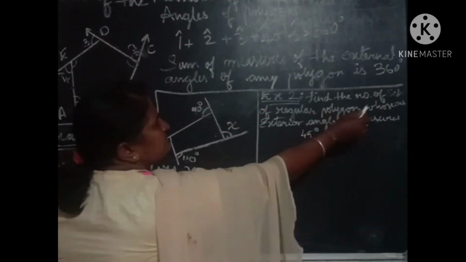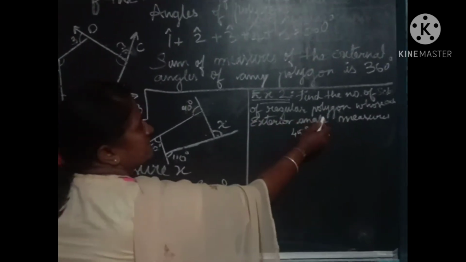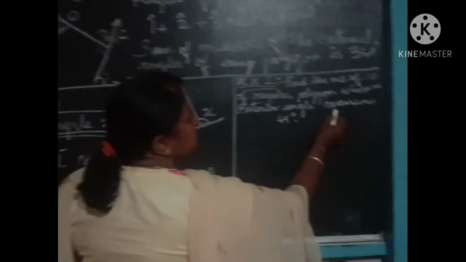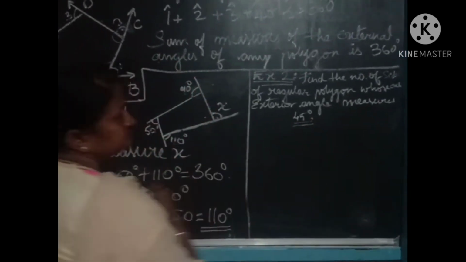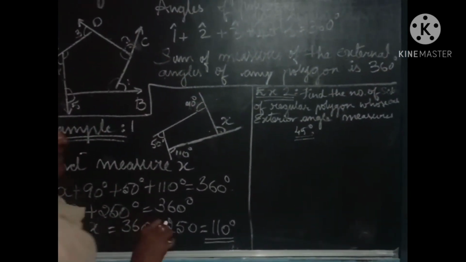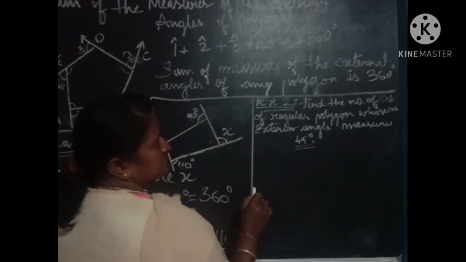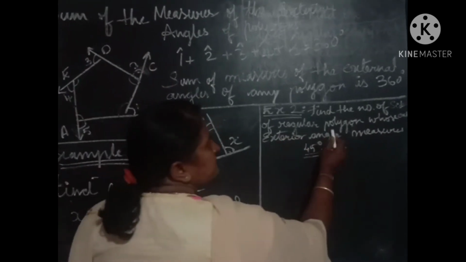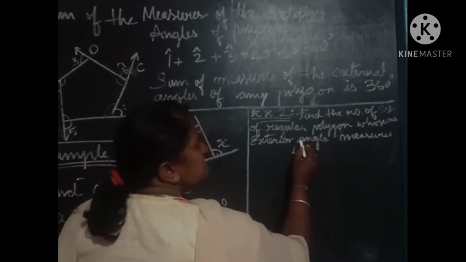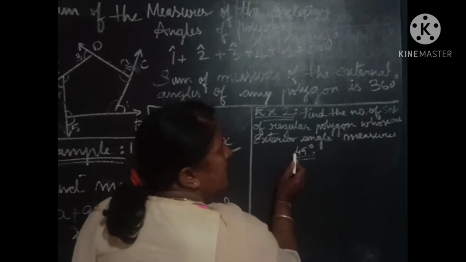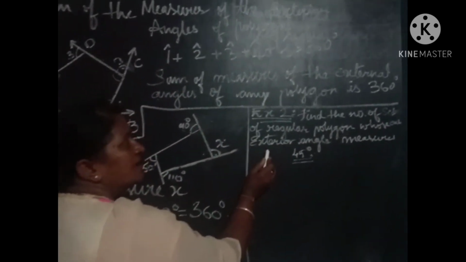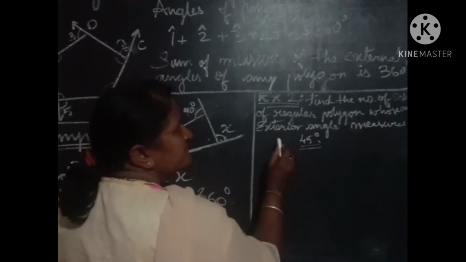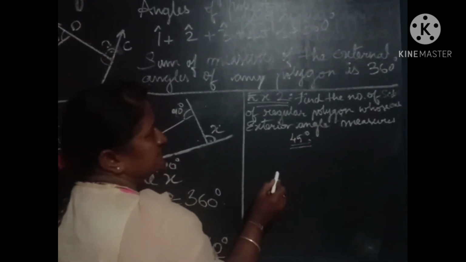Find the number of sides of a regular polygon whose exterior angle measures 45 degrees. Each exterior angle measures 45 degrees. Children, if you cannot see this properly, please refer to the textbook. I have also sent notes. You can see the question in the notes, and I have written the answer there also.